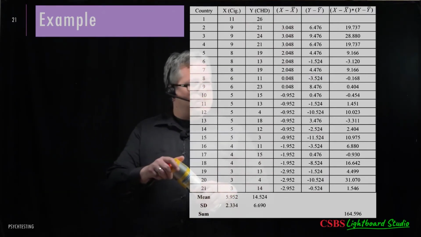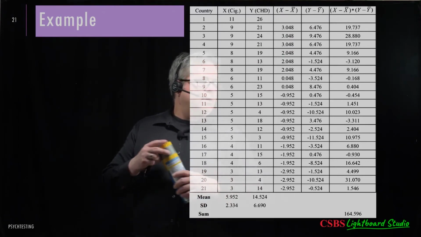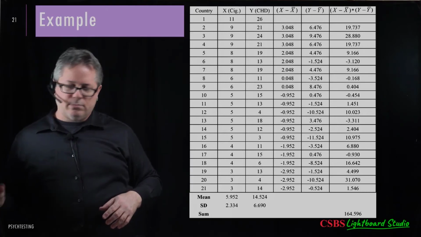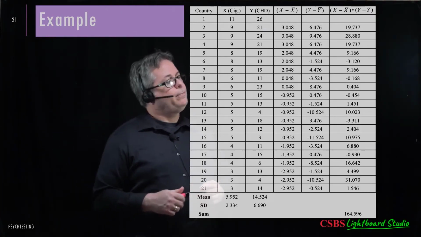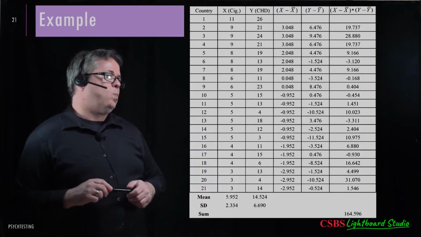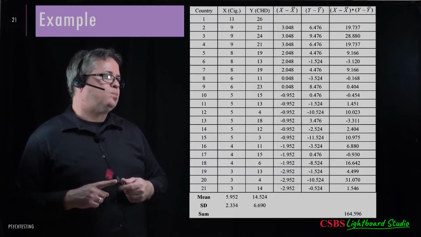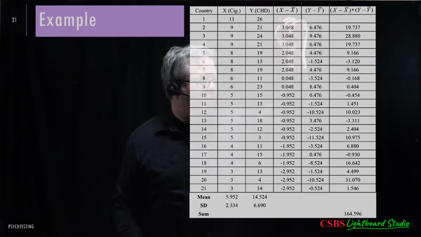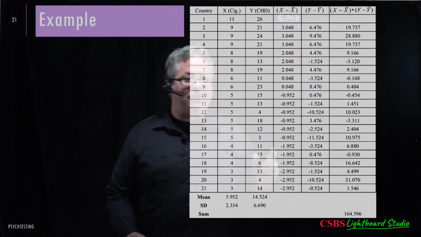So somebody tell me, what's 11 minus 5.952? All right, so 5.048.